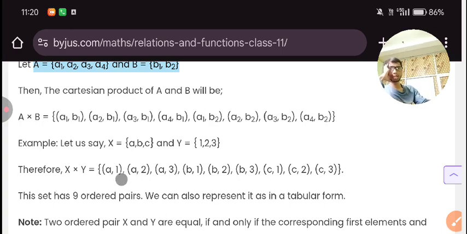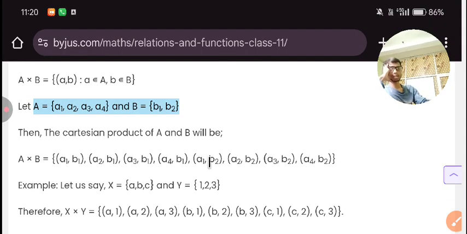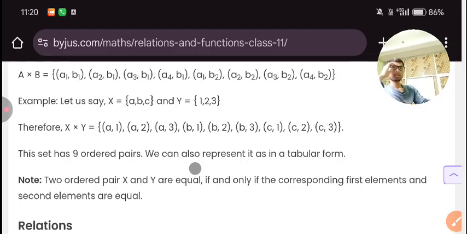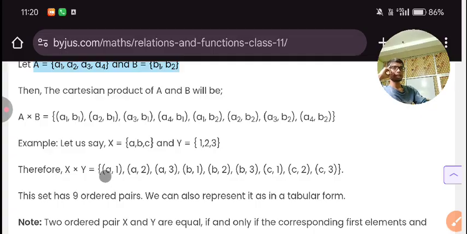As we already know, these are coordinates, and we are understanding the Cartesian product. This set has 9 ordered pairs, and rather than counting directly, you can tell that yes, we have 9 ordered pairs. How? Just multiply the number of elements of one set by the number of elements of the other.